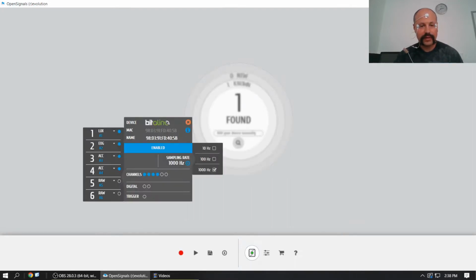The device is identified, and the second channel is supposed to be electrooculogram. The acquisition rate is 1 kHz, and we start acquisition.